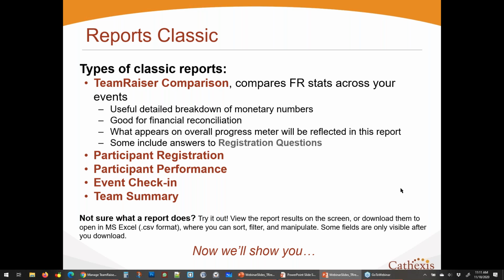There's a TeamRaiser comparison report, which if you've run several events, that's great because it compares the fundraising statistics across your events. It gives you useful detail on the monetary numbers. Sometimes the finance department is happy to receive that because they can sort of check the books against it.